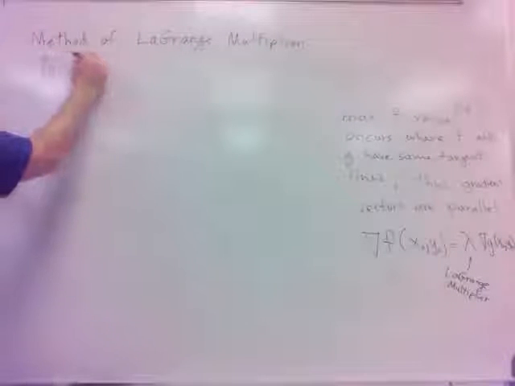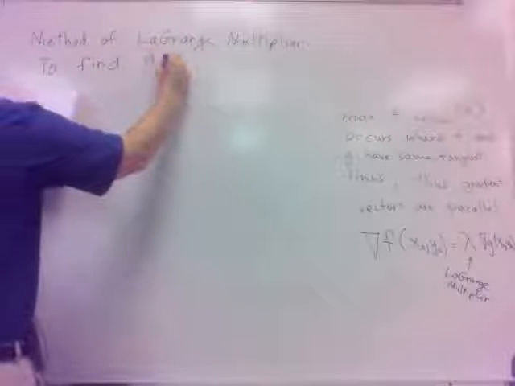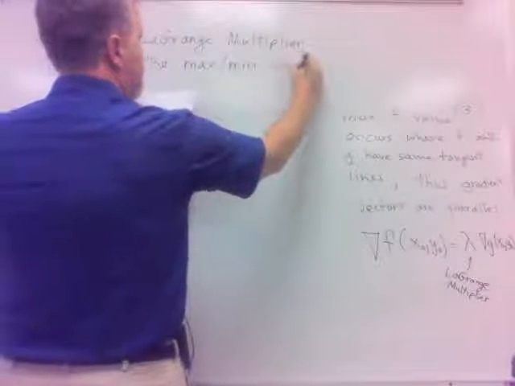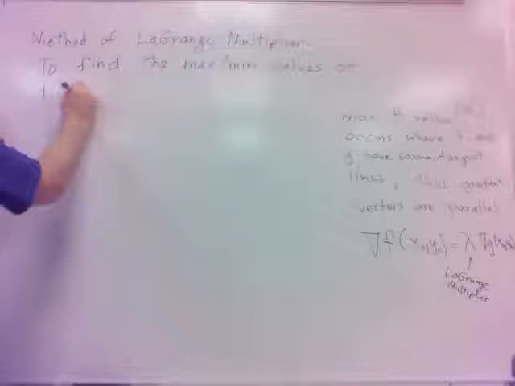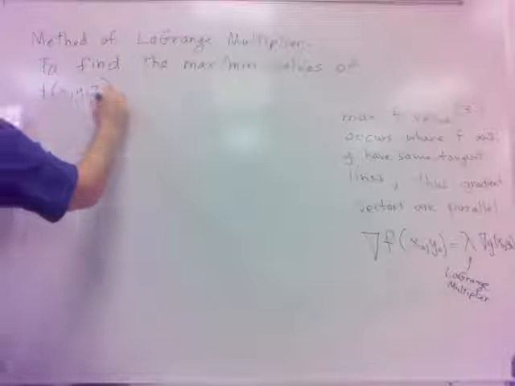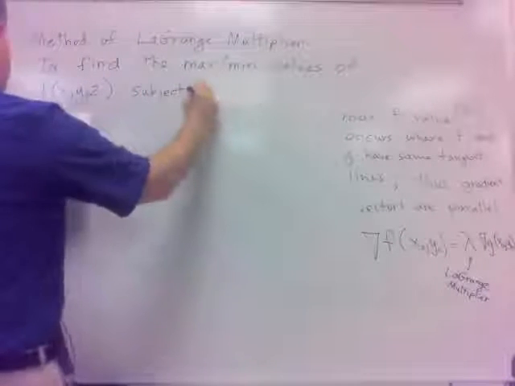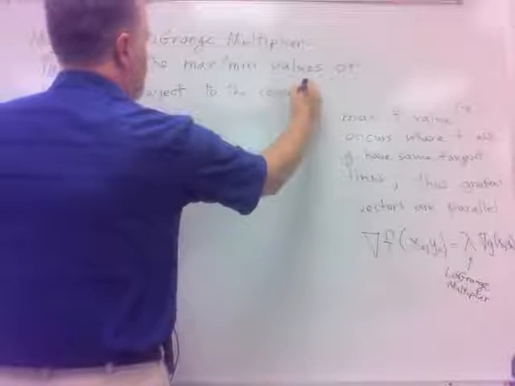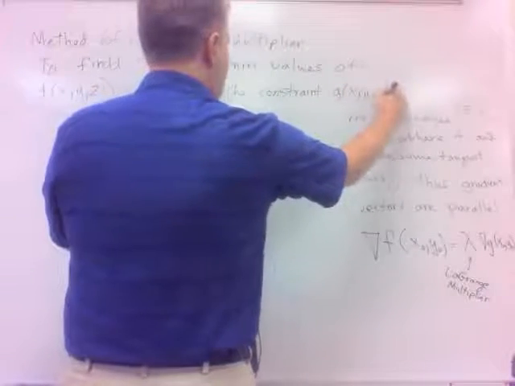To find the max and min values of f of x, y, z subject to a constraint g of x, y, z equals k.